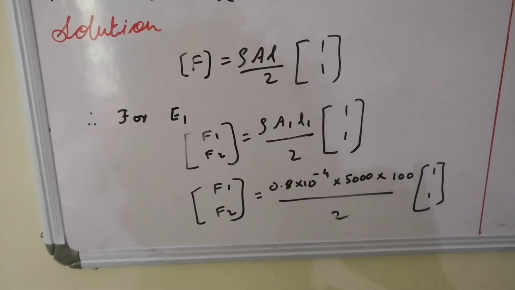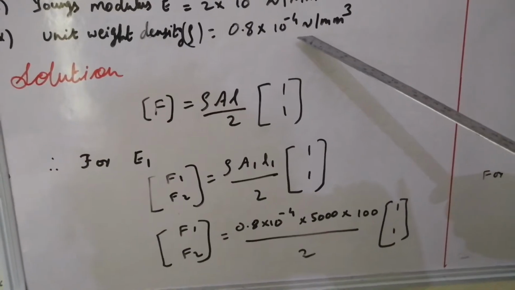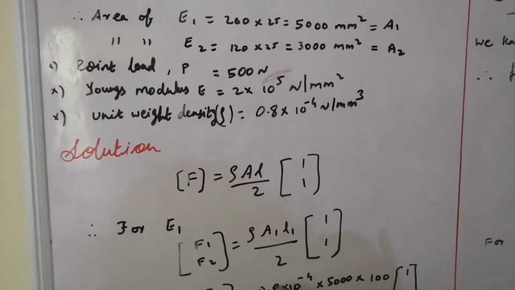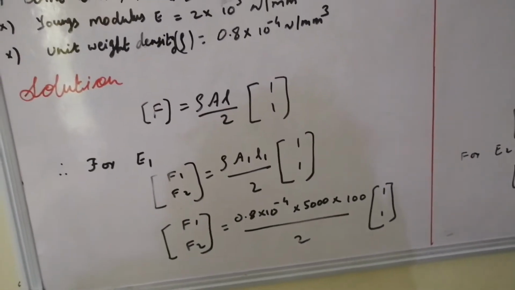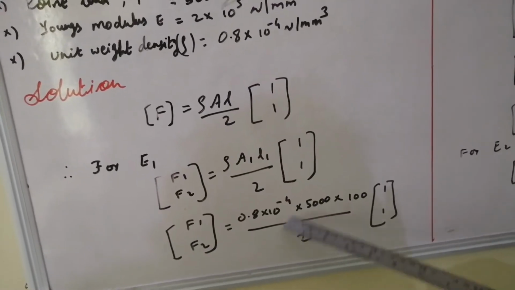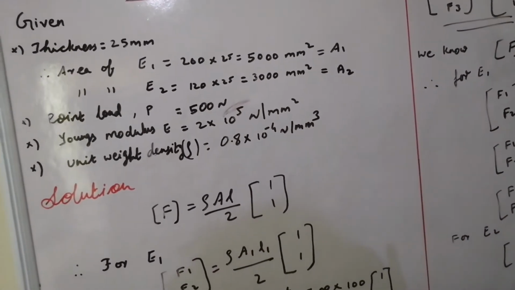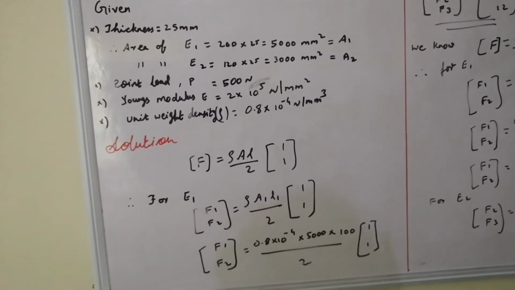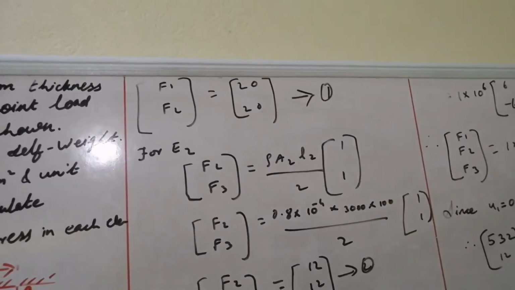Here the self weight density is given as 0.8 × 10^-4 Newton per millimeter cube. So we substitute the values into this equation. I will get 0.8 × 10^-4 into 5000, with the length we have already found, 200, divided by 2, into [1 1]. While solving it, we will get the matrix F1, F2 equal to 20, 20.